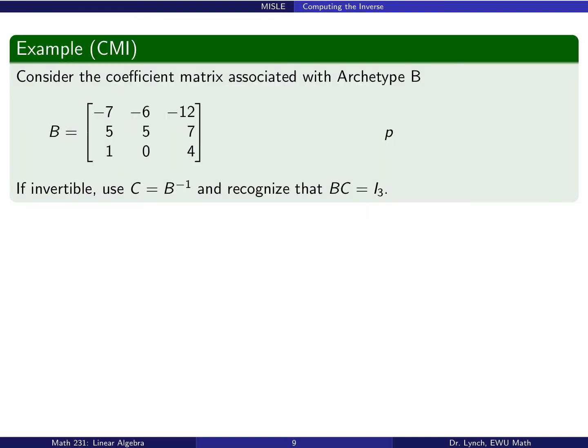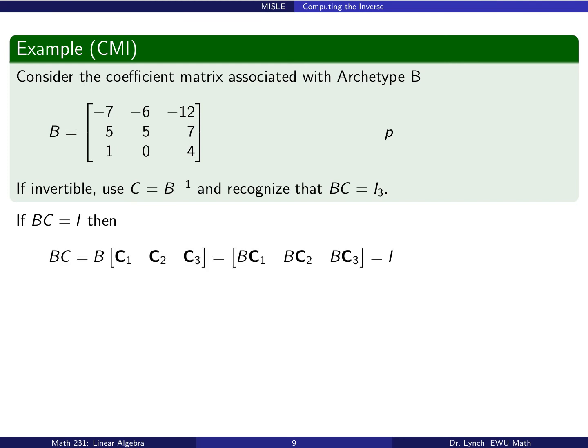In the more general case, let's think about the coefficient matrix associated with archetype B to get an idea of how to compute the inverse. If our matrix is invertible, let's assign the inverse to be the matrix C and recognize that B times C had better be the 3x3 identity matrix.